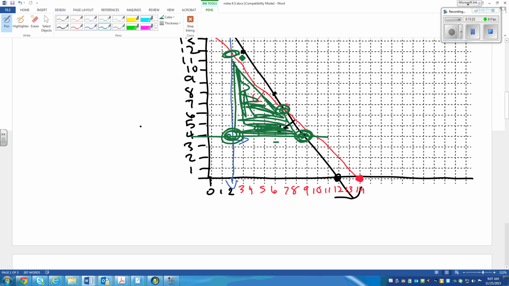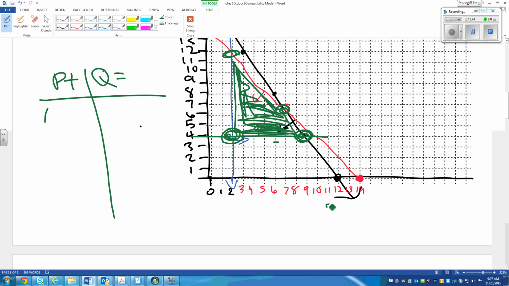Okay? Now, this is where some people forget to show their work, right? Is coming up with the points. My first point, and so I'm just going to write my chart here. We've got points, and we've got that Q formula we need. What's this point right here?